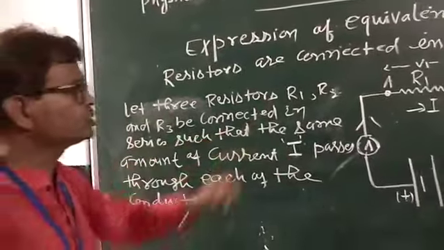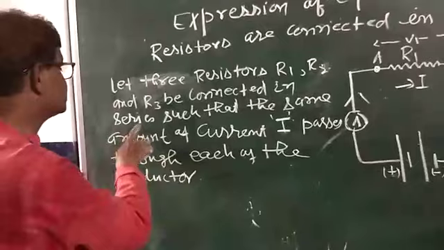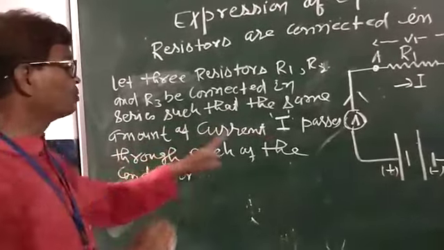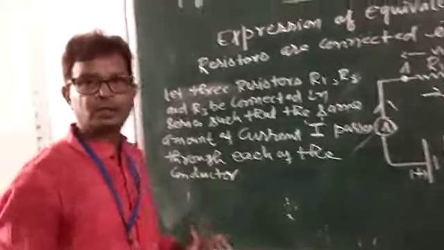Let three resistors R1, R2 and R3 be connected in series combination such that the amount of current I passes through each of the conductors.